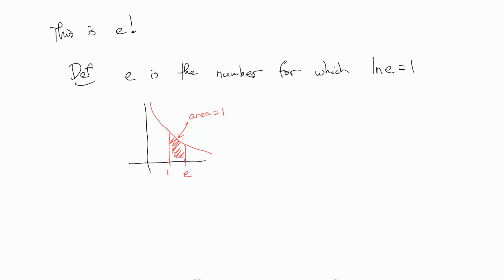So E is how far over to the right you need to go in order for that area down there to equal 1. I mean, eventually that area will equal 1, and then beyond there, it's always going to be bigger than 1. So there has to be a specific point where that area eventually reaches the value of 1. And that specific point is what we call E. All right? That is the number E.